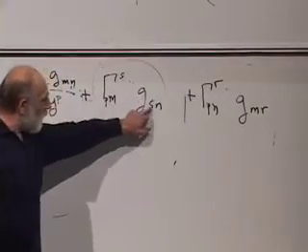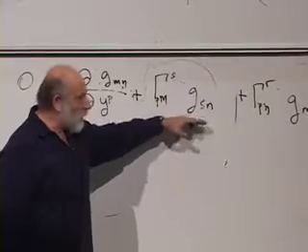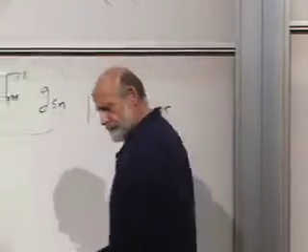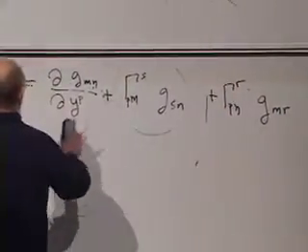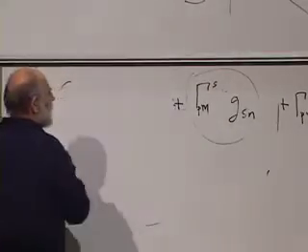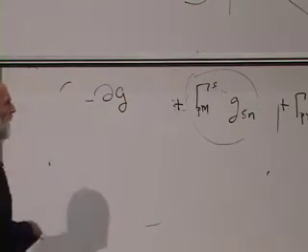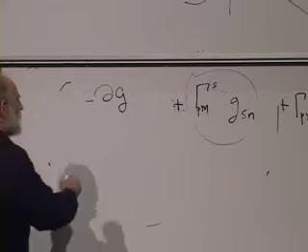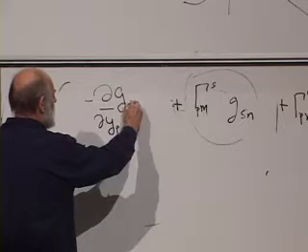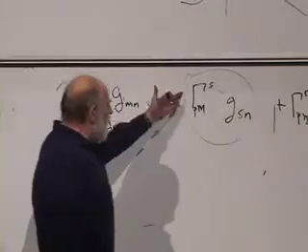Since G with lower indices multiplies gamma here, supposing I wanted to get rid of G with lower index, let's first of all write that this thing here is equal to minus the derivative with respect to YP of GMN. Yeah, approximately that.